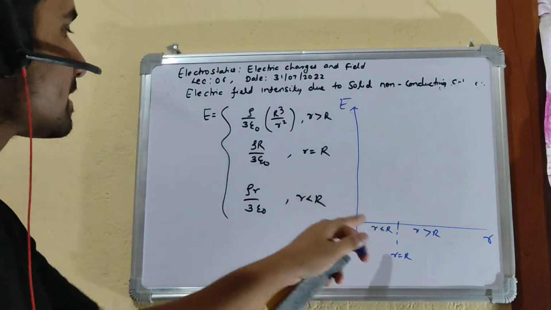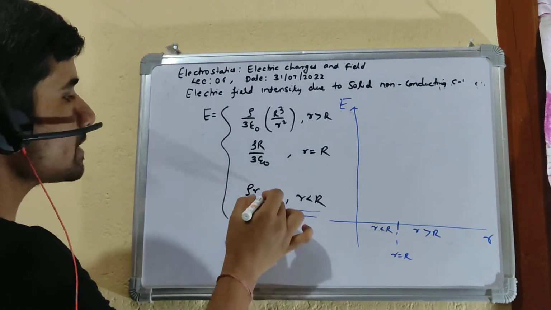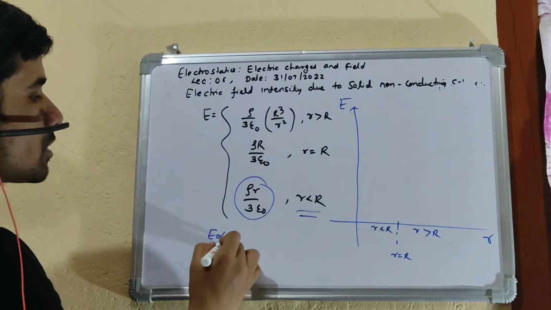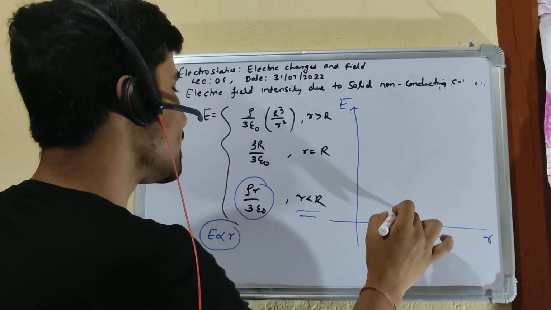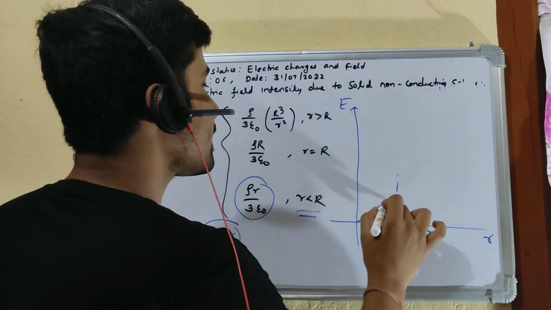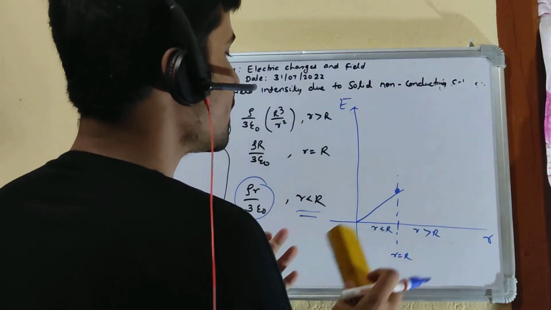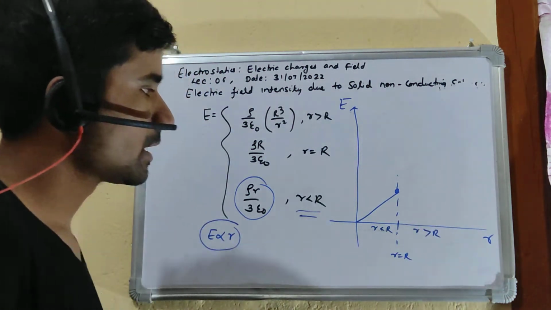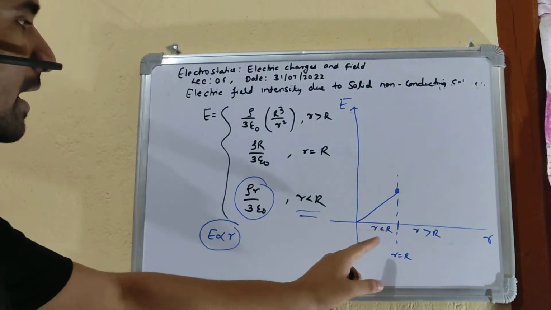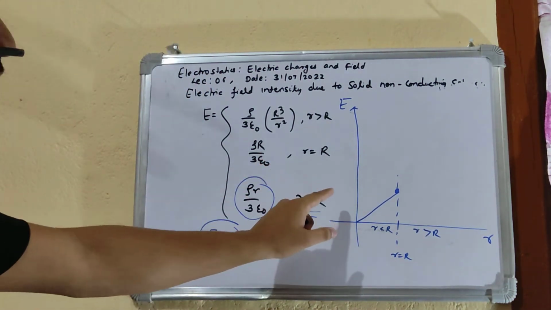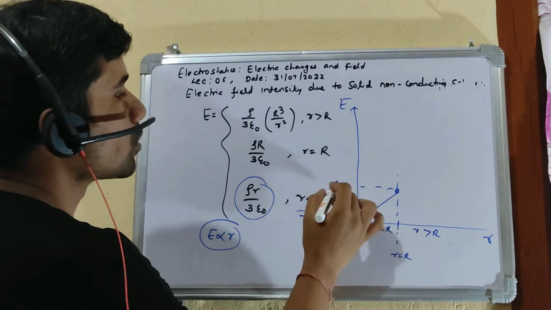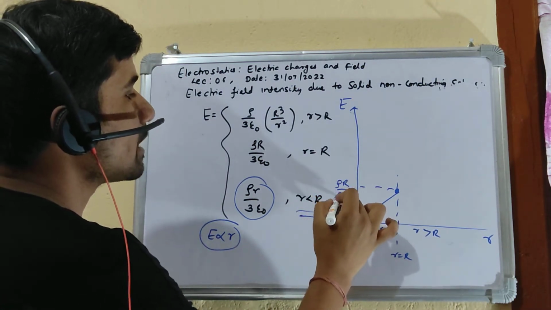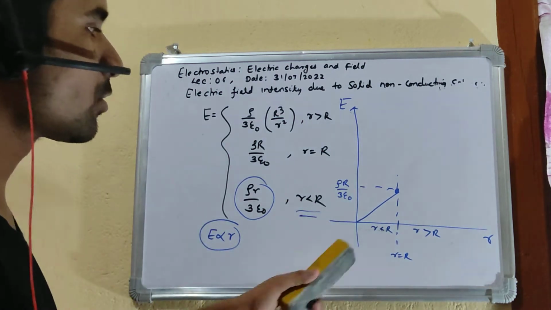So for r less than R, you can see the electric field intensity is proportional to r, so the graph will look like a straight line till this point, right? At r equal to R, it will be a constant value, which is exactly this value, which is nothing but rho R by 3 epsilon naught, right?